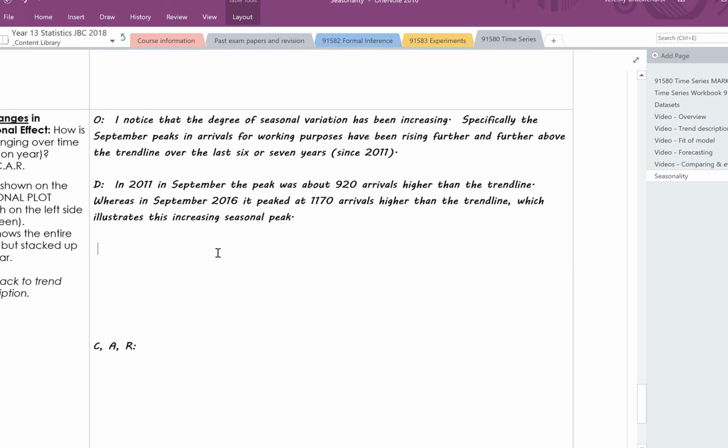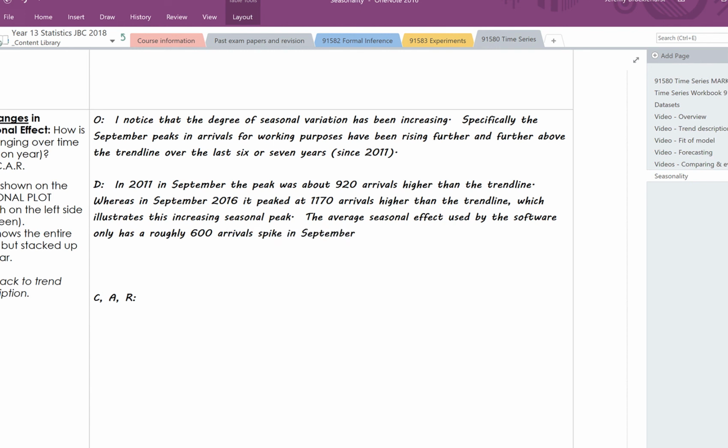So, context. Well, before I do that, I'm going to say the average seasonal effect used by software only has a roughly 600 arrivals spike in September, which is clearly likely to be much less than the actual rise we get over the next few years.